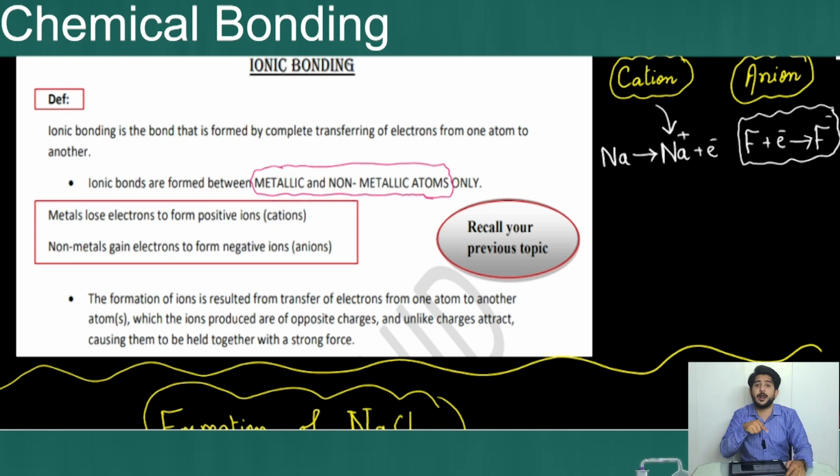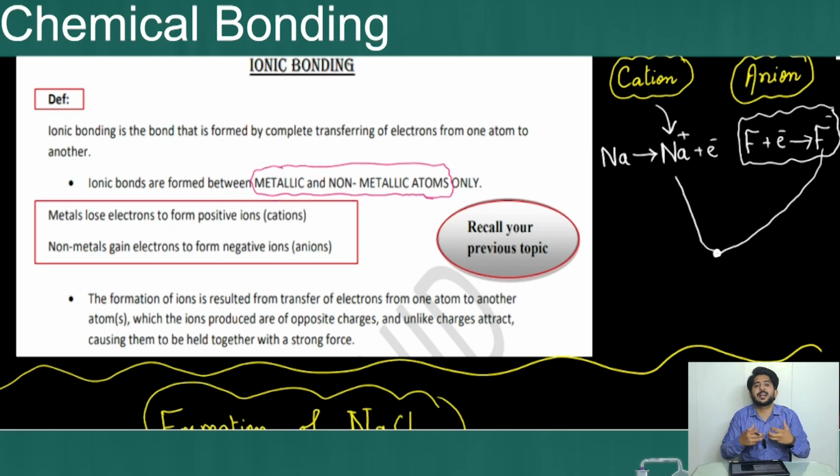It becomes the fluoride ion. We have already discussed ions in our previous videos. So this is the positive ion, sodium, and this is the negative ion, fluoride ion. They will attract towards each other.